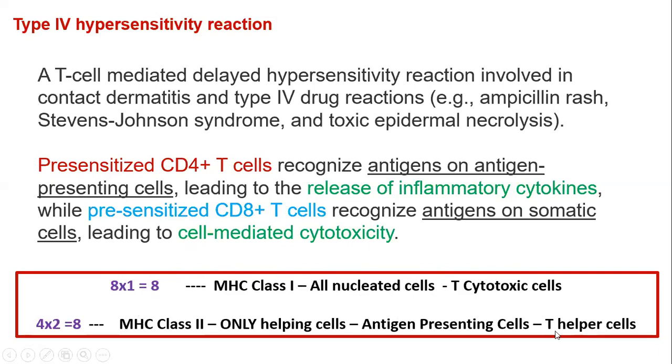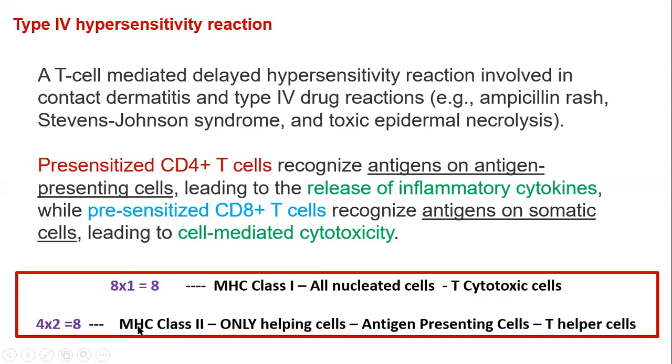Come back to T helper cells. They are CD4 positive. We're talking CD4 positive, 4 twos are 8. If it is 4, then it is associated with MHC class 2 only. CD4 positive is associated with MHC class 2.